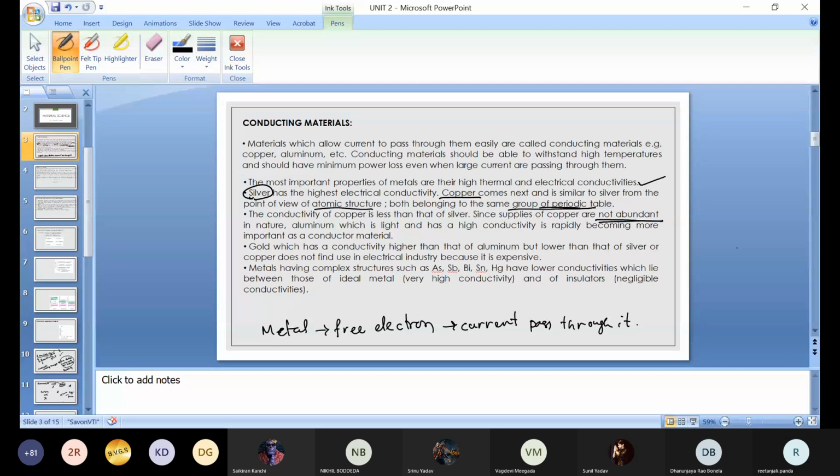The amount of copper we get from nature is very small.